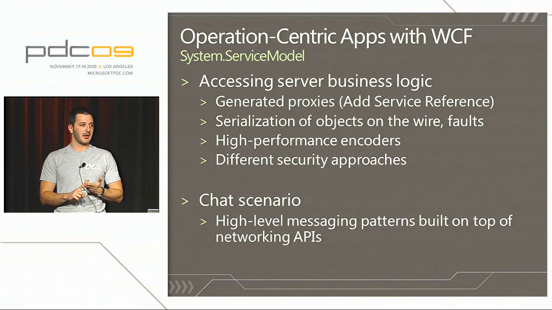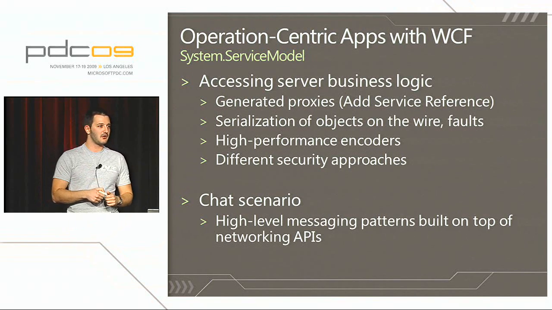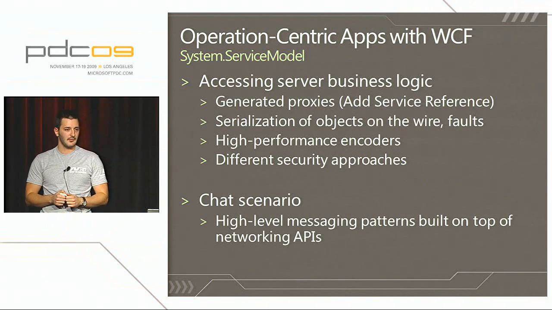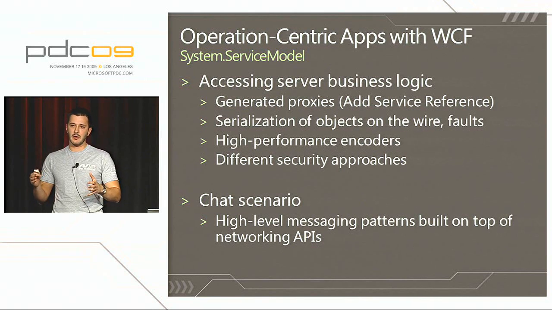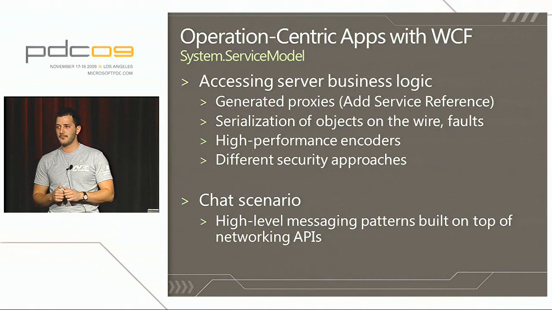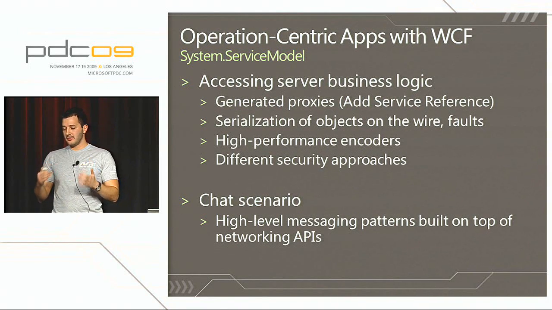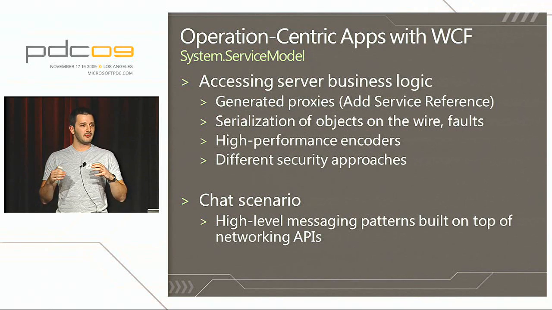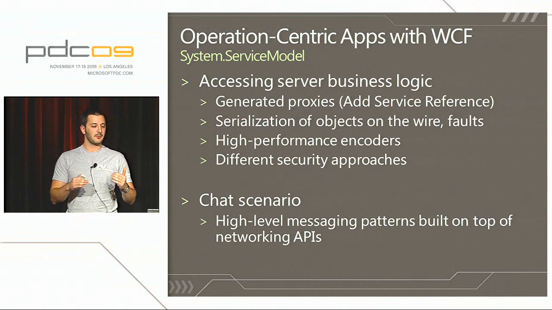We provide you security mechanisms that you don't have to implement manually by yourself. It's already there in the box for you. Now, these features that I just mentioned, they work in both request-reply scenarios and duplex scenarios. But where the value of WCF kicks in really is in these duplex scenarios, we provide you some unique transports that can do both request-reply and duplex.